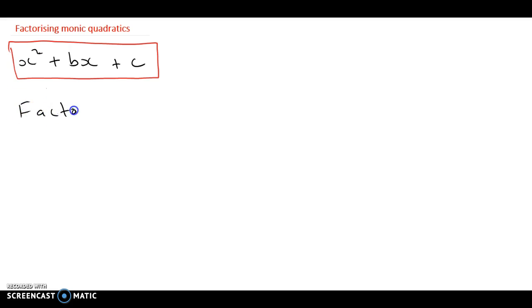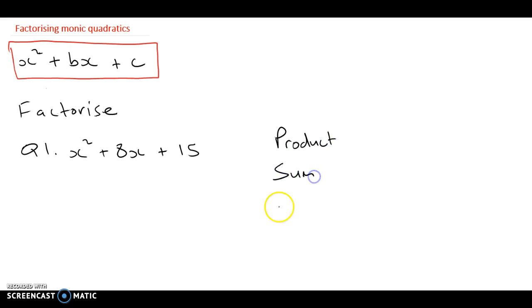If we want to factorise x squared plus 8x plus 15, I'm going to show you a method called the PSF method. P stands for product, S stands for sum, and F stands for factors.